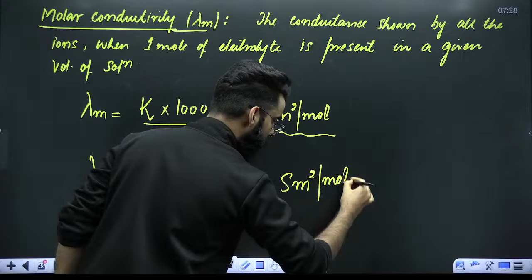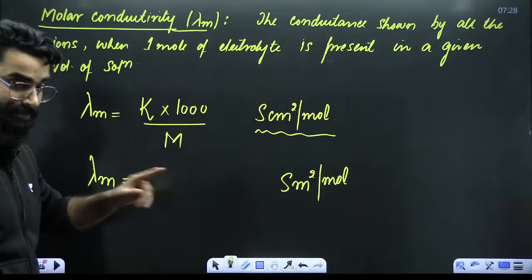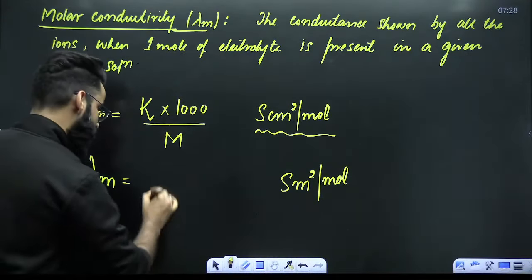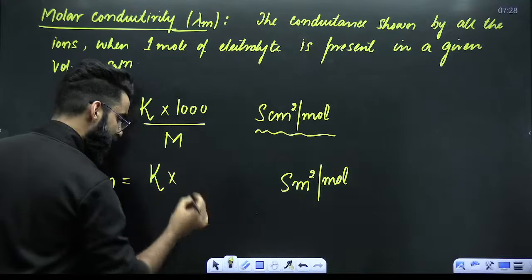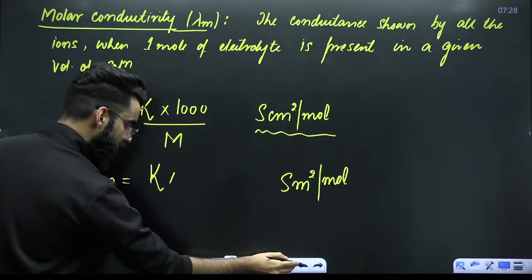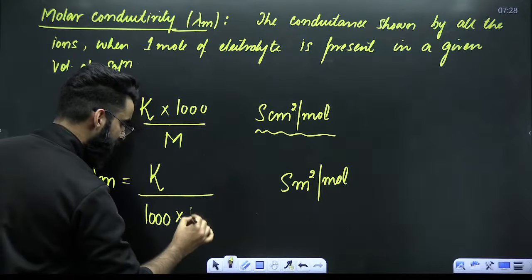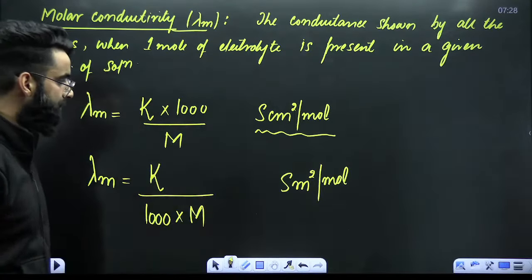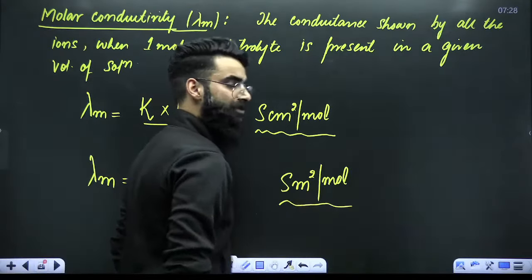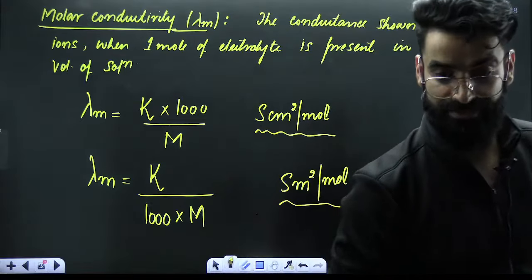If you have to calculate the molar conductivity in Siemens meter square per mole, this is not the relation you will use. You will use kappa, the conductivity, divided by 1000 multiplied by the molarity of the solution. I want you to remember these two expressions. Is this clear?